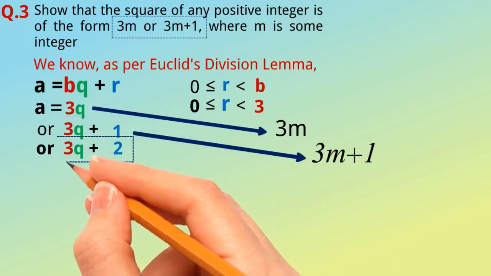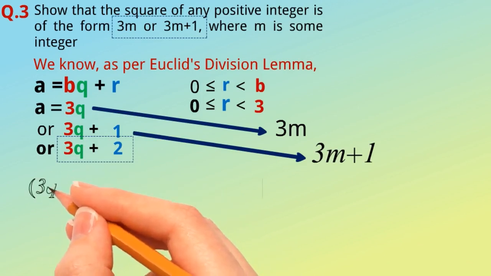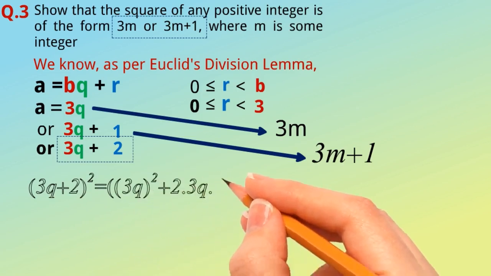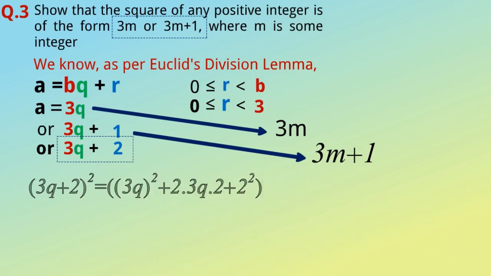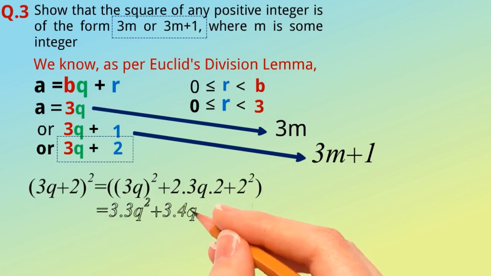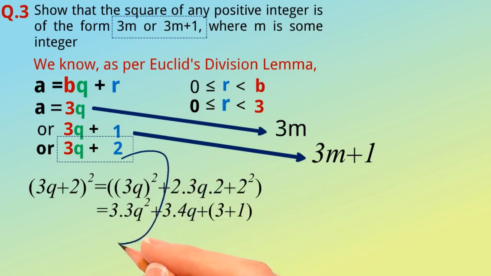Now 3q plus 2. So the square of 3q plus 2 is equal to (3q) square plus 2 into 3q into 2 plus 2 square, as per the (a plus b) whole square formula. So we can write 3 into 3q square plus 3 into 4q plus 3 plus 1. What we did here is we have to get a common factor of 3, so that's why we separate 3 from (3q) whole square.